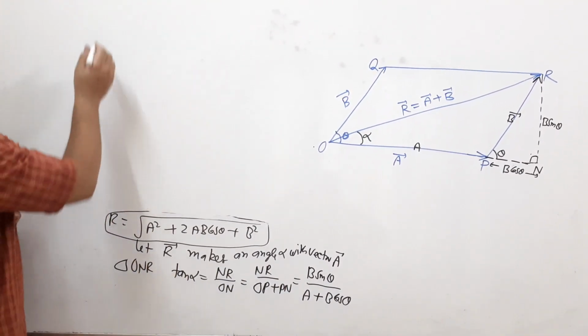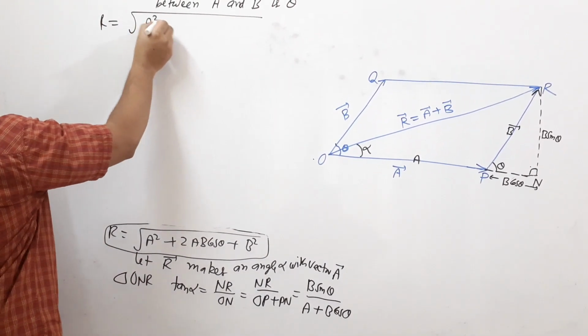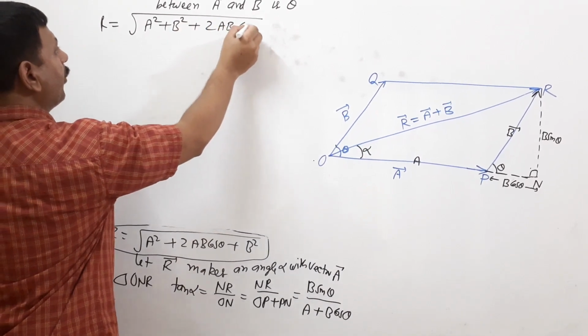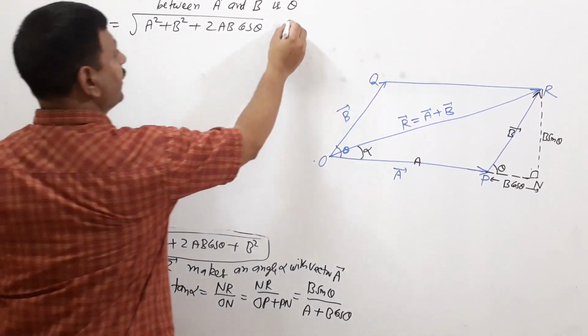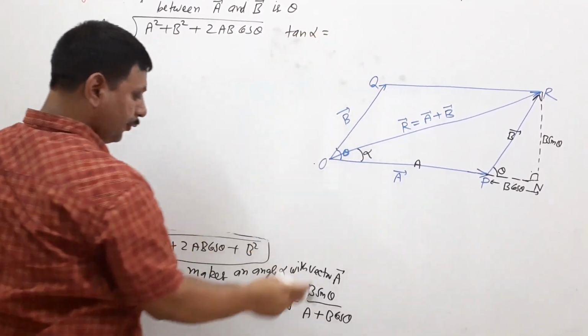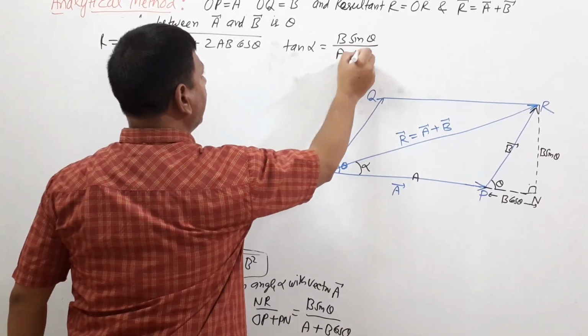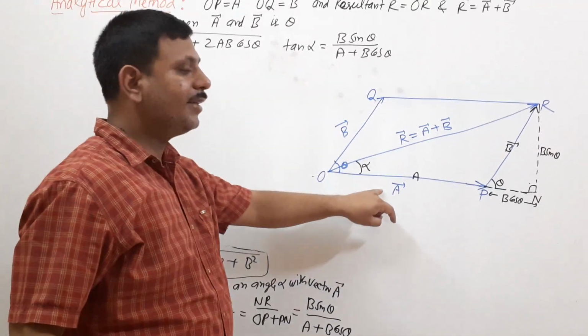So see here, I have found that the resultant is given by under root A square plus B square plus 2AB cos theta and the angle is given by tan alpha is equal to B sin theta upon A plus B cos theta. This alpha is the angle with A.